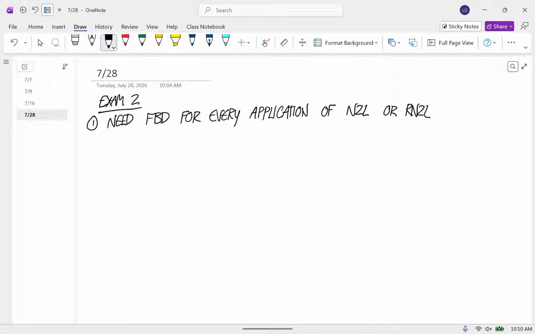And related to that, this was one that came up a couple times. The reason that free body diagrams are useful is because they give you everything that you need for the left side of Newton's second law.